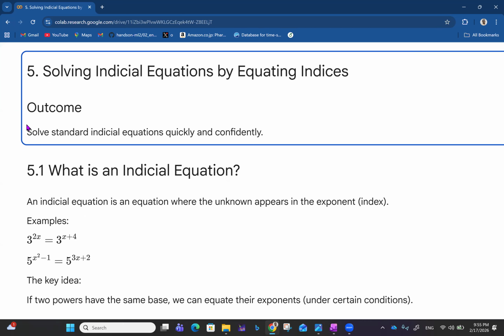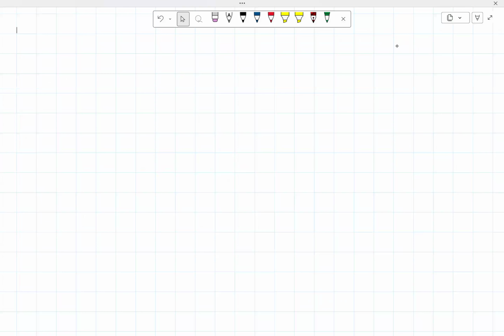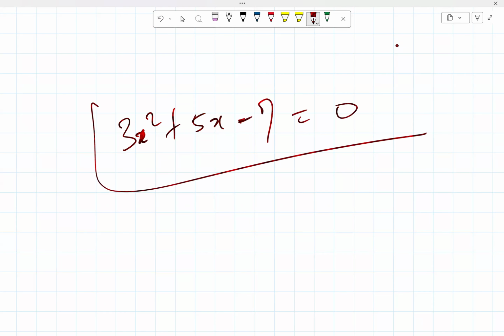So first off, what are indicial equations? What is an indicial equation? It is simply that equation where the unknown appears in the exponent or at the index. So we are used to having equations like 3x squared plus 5x minus 7 equals 0. This is a quadratic expression, for instance, or a polynomial equation.